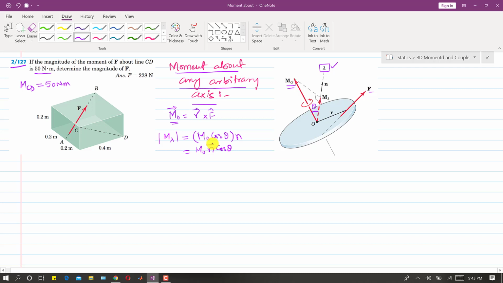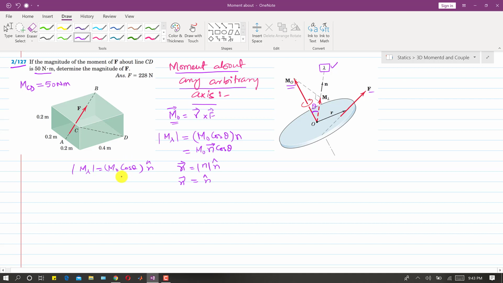Let's consider that this n is a unit vector, its magnitude is 1, and it only gives direction. So then M lambda can be written as MO cos of theta into n.